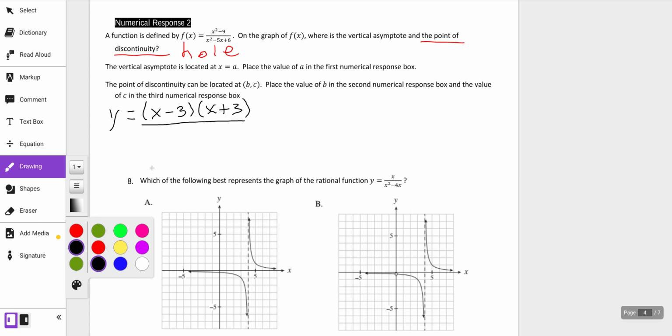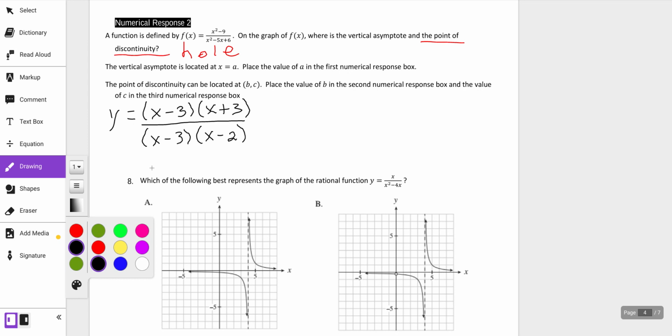Things that multiply to be 6 and add to be negative 5 would be x minus 3, x minus 2. Some people had x minus 6 and x plus 1. That would multiply to be negative 6. Right? So I had to have two negatives to multiply to be positive 6.